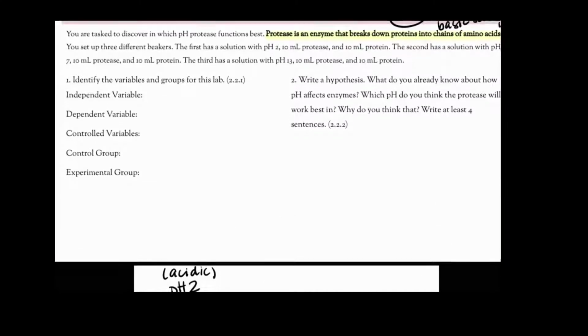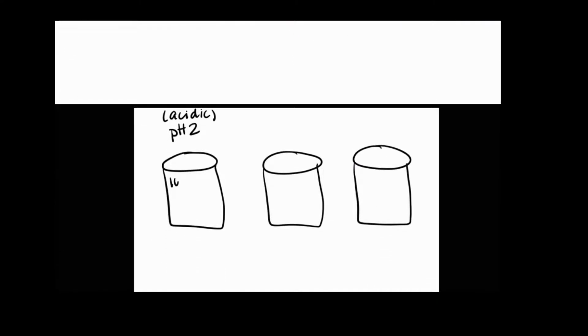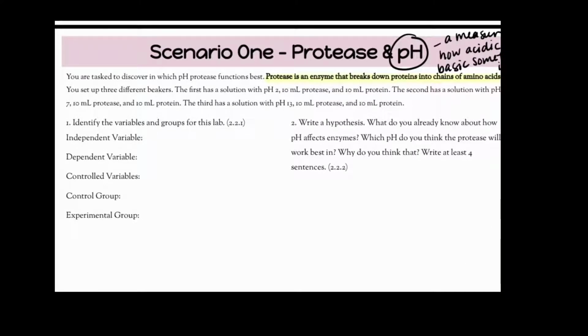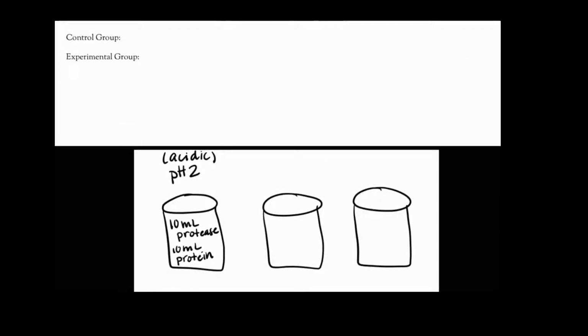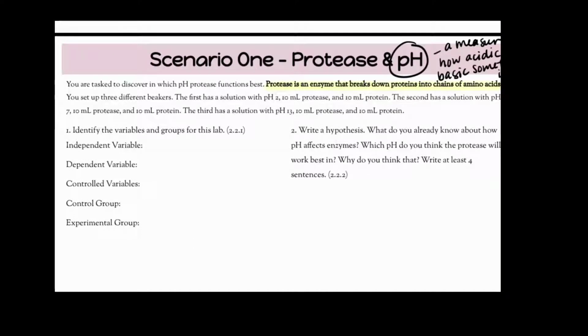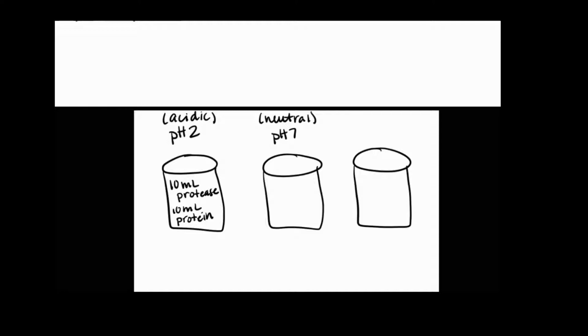It has 10 milliliters of the enzyme, 10 milliliters of protein. Okay. The second has a solution with pH 7, which we remember that is neutral. It has the same amount of enzyme and substrate. So I'm just going to copy and paste this over here.